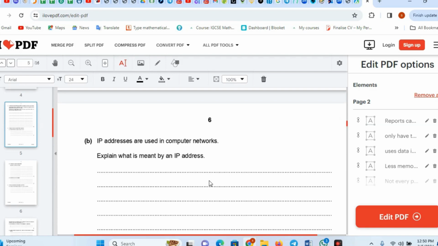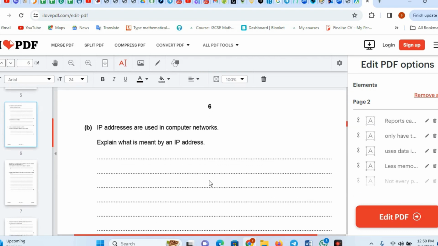So let's go on. 5B. IP addresses are used in computer network. Explain what is meant by an IP address. When you say IP address, what is an IP address? IP address is a unique identifier. When we say unique identifier, it lets us know where a person is from.